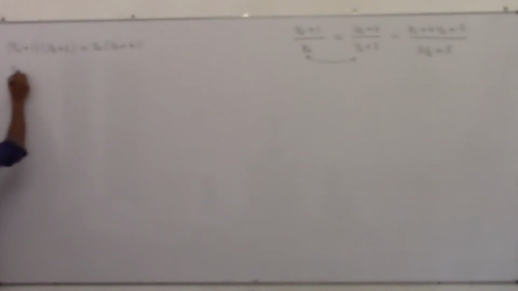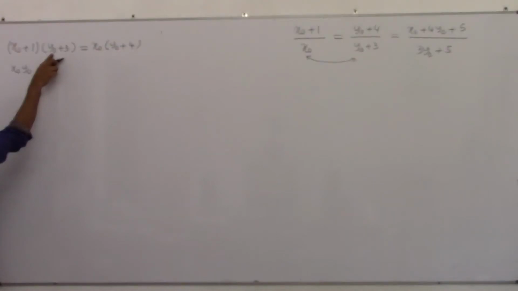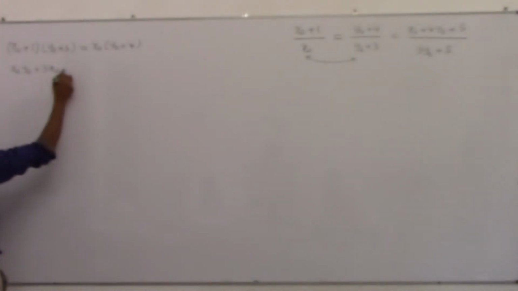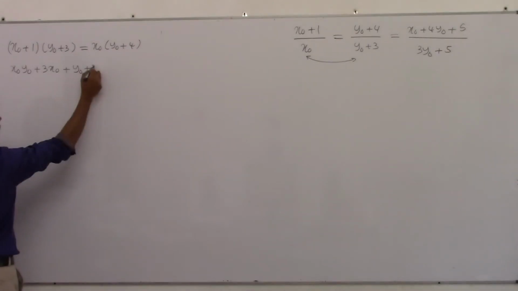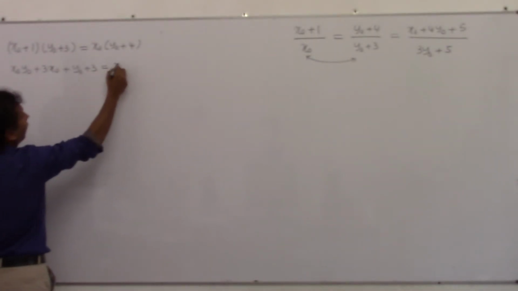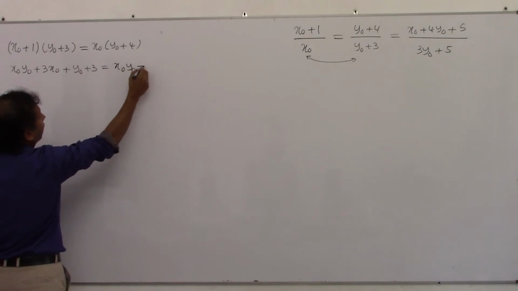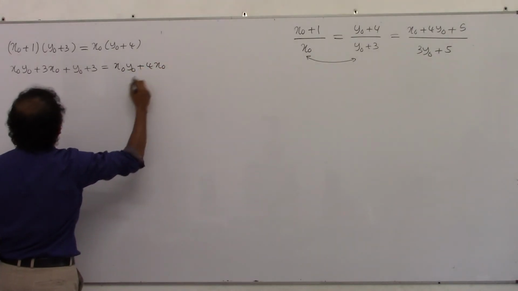Right, there we get x naught y naught plus 3x naught, and on the other side x naught y naught plus 4x naught.